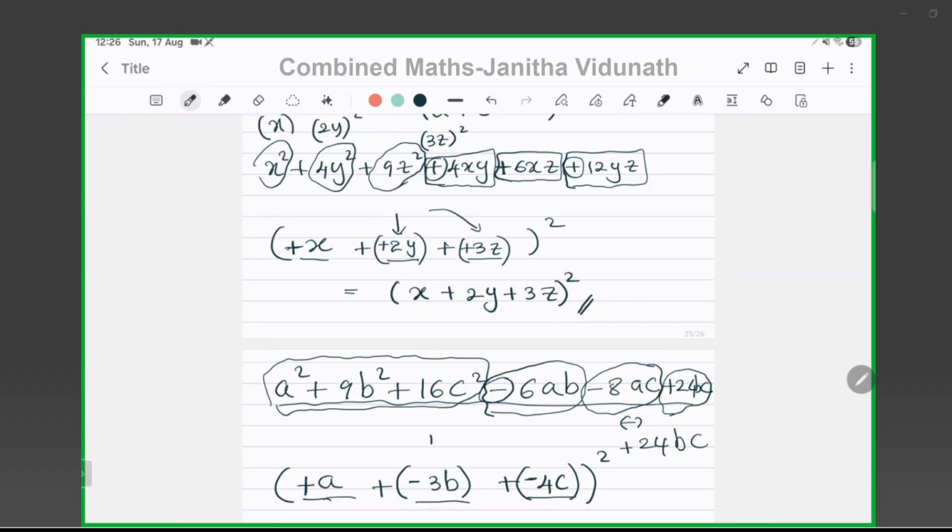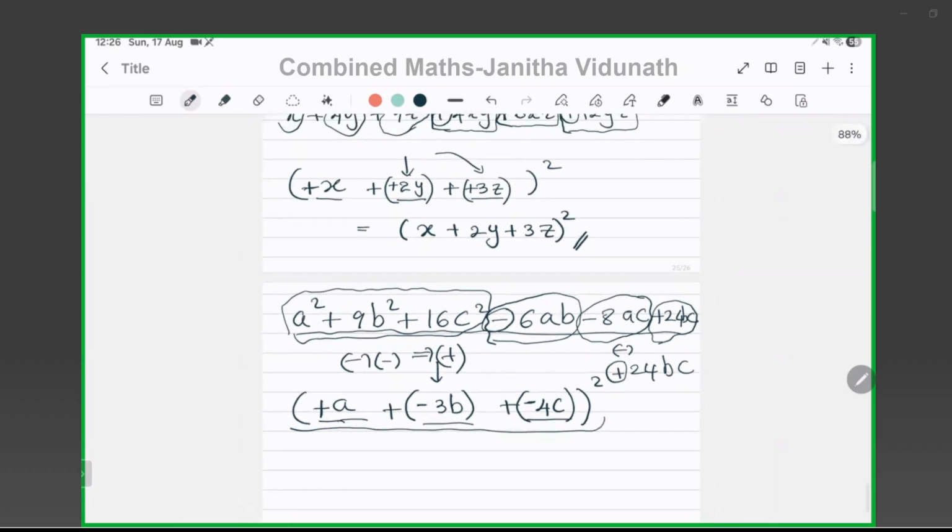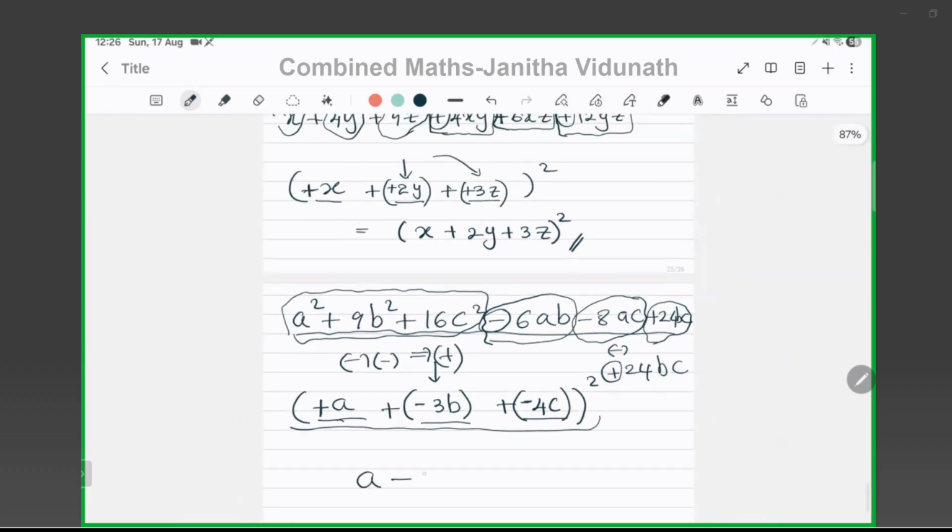Here we observe that b is a minus value. Then to become positive, c also needs to be a minus value, because we know that minus times minus is positive. Then this should be our final answer. Then we can write this as a minus 3b minus 4c whole square.